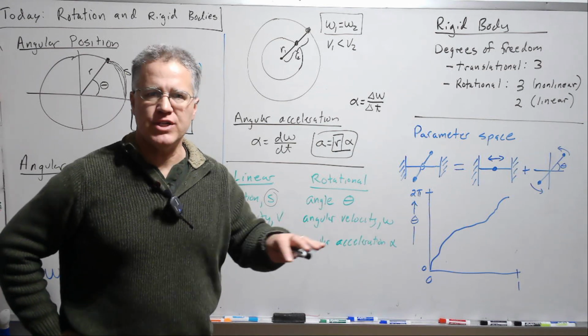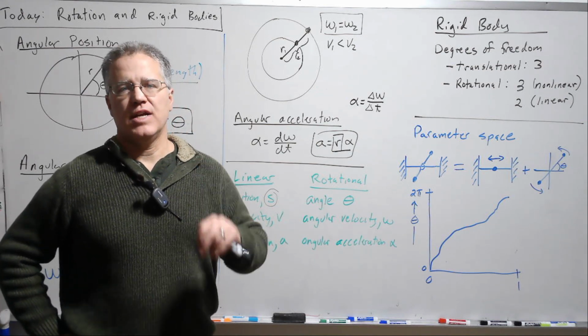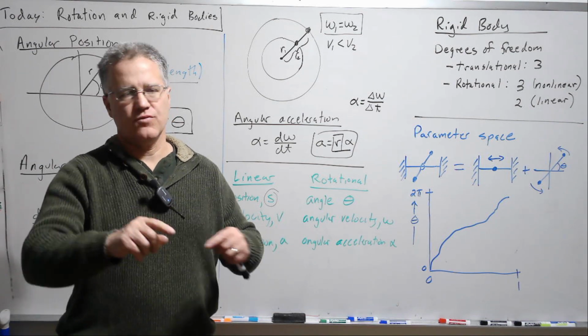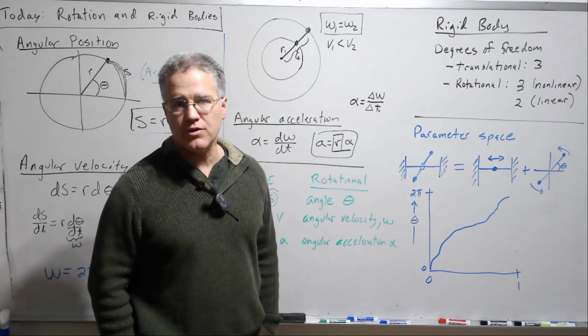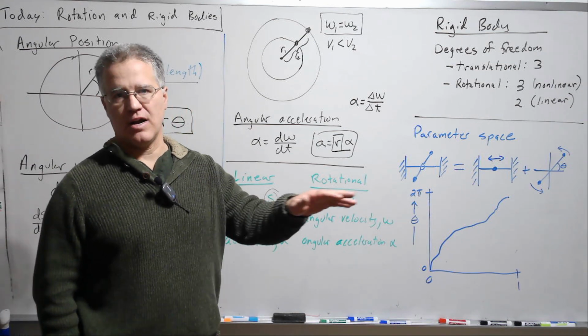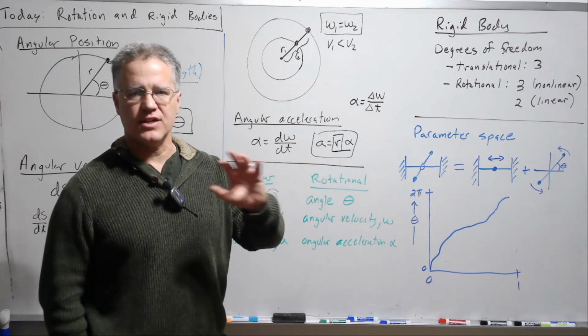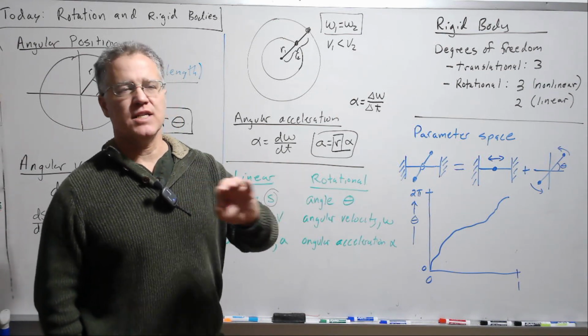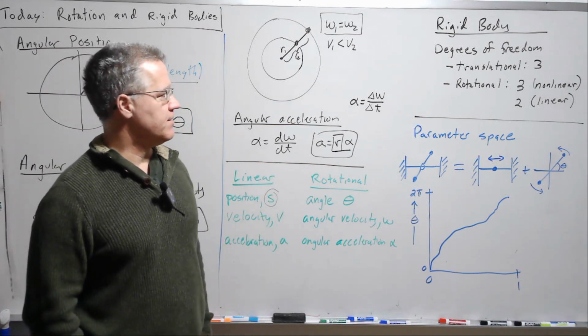If we're talking about motion in a plane, like on a sheet of paper, then we would have 2 translational degrees of freedom, x and y, as they're called. And finally, if we were in a one-dimensional linear motion problem, where we can understand the physics by just motion in a line, then we would have 1 translational degree of freedom.